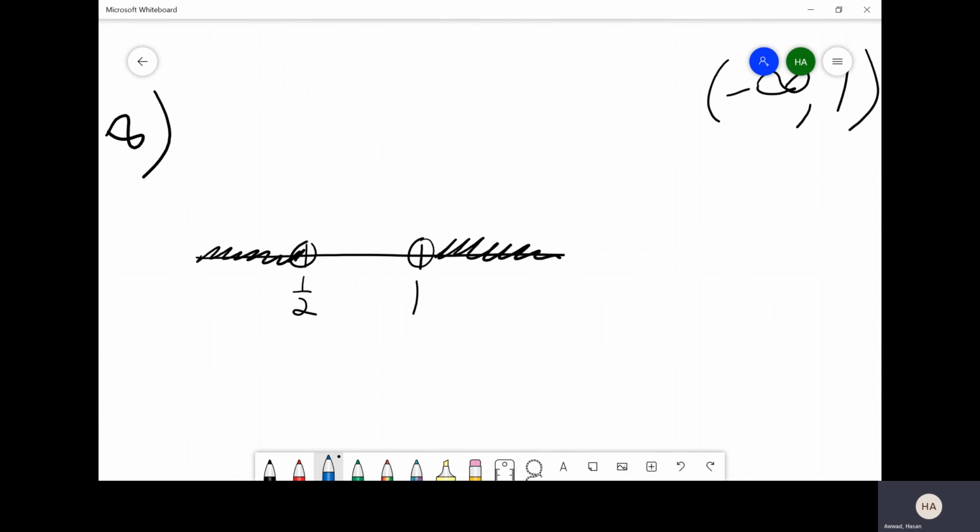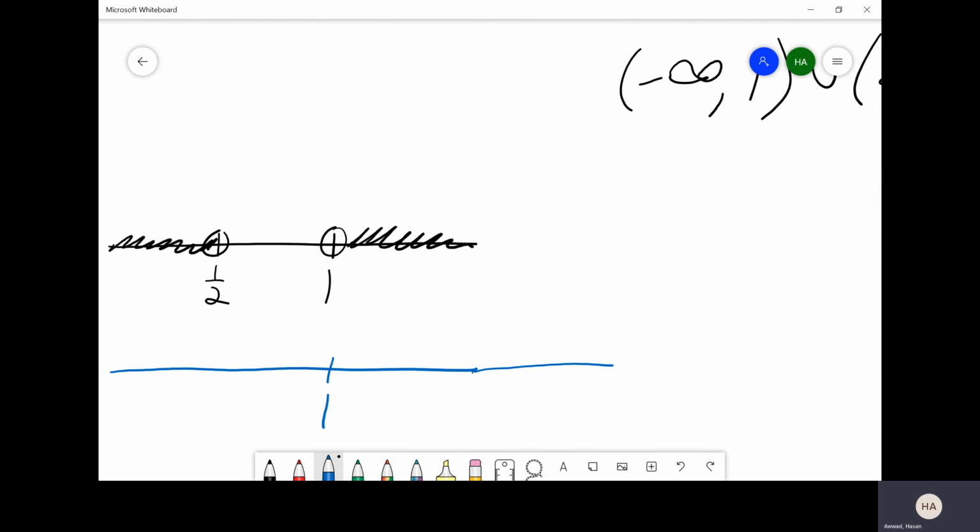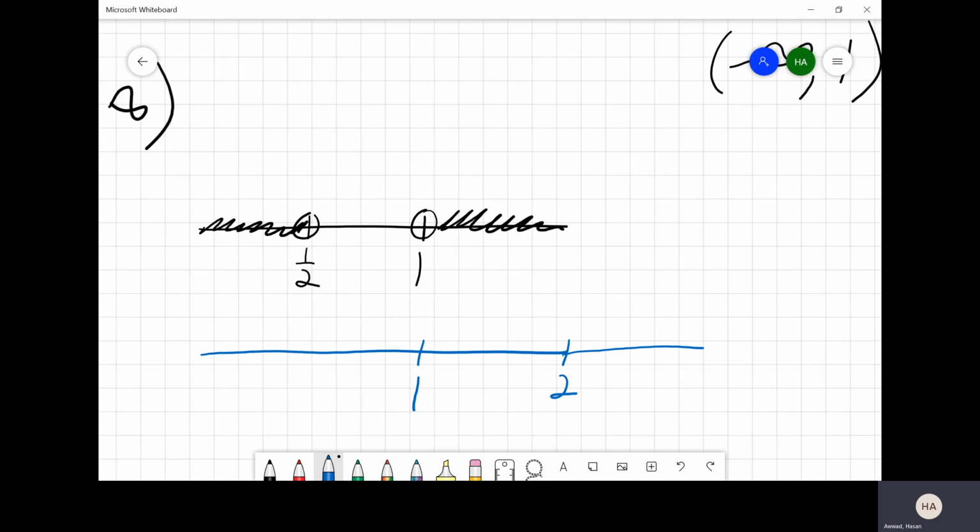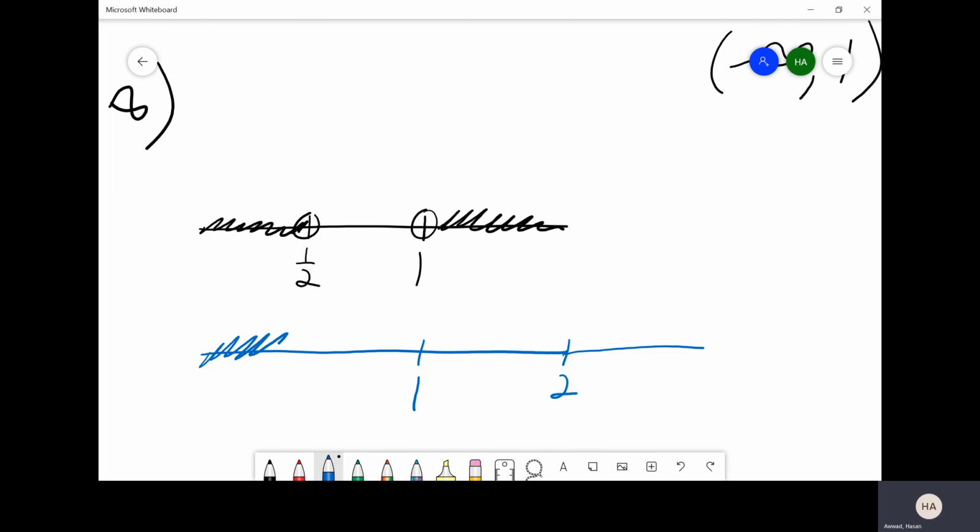So we have, and we're going to say that goes to 1, right? Negative infinity to 1, and then we have 2 to infinity. So if we are talking about all of these intervals, the last thing that we have to do is see where the solutions overlap.